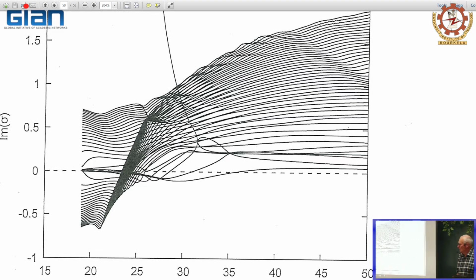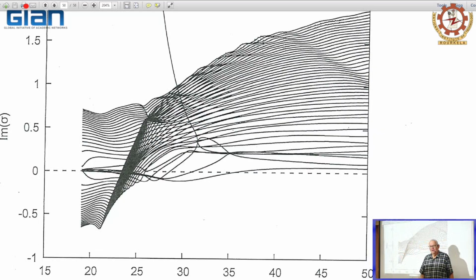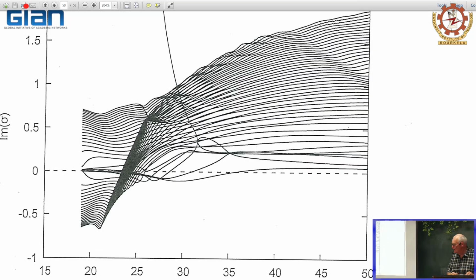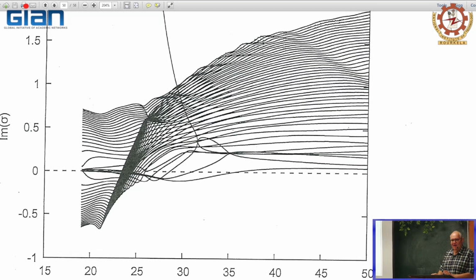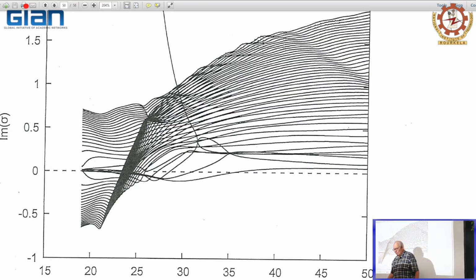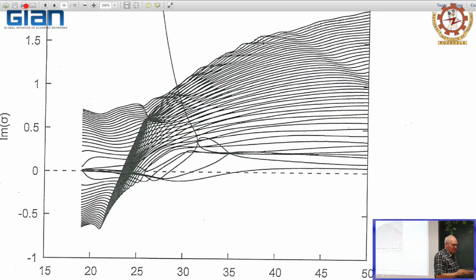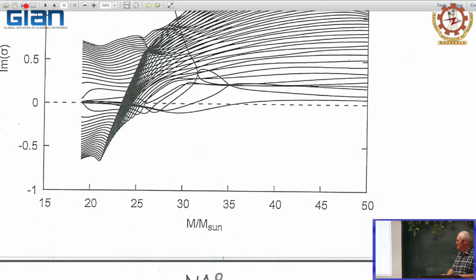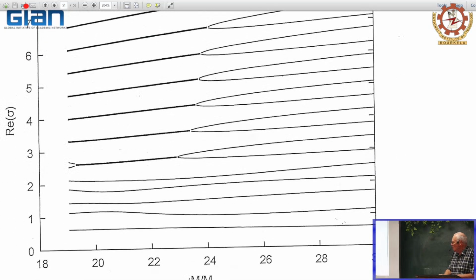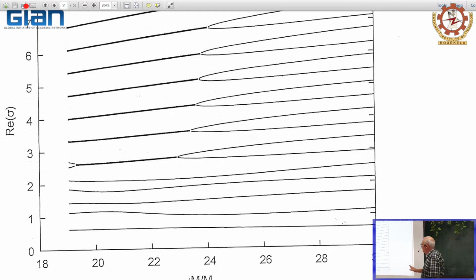This is reminiscent of modes appearing in the NAR approximation in exactly complex conjugate pairs. So let's try an NAR approximation, at least for this part of the modal diagram, for masses below, say, 25 solar masses. In fact, if we do the NAR approximation for masses below 30 solar masses, we find the mode pairing process even in the NAR approximation.